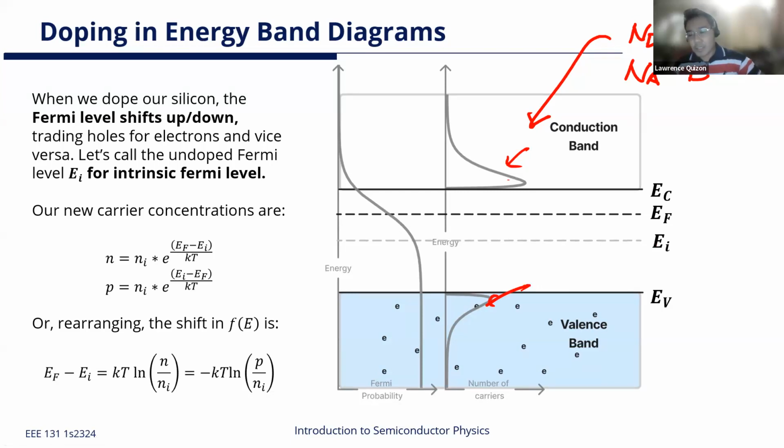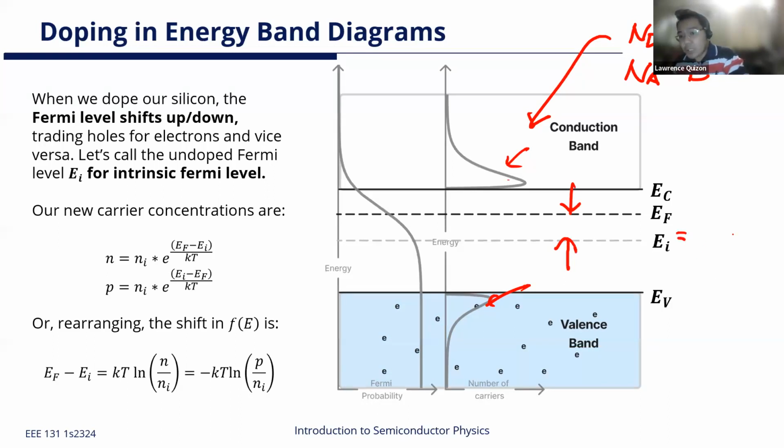Intuitively, the number of electrons in the conduction band is proportional to how far upward the Fermi level is, because that's the probability that there's an electron there at all. Then we could represent the carrier concentration in terms of how far up the Fermi level is relative to where it was before.